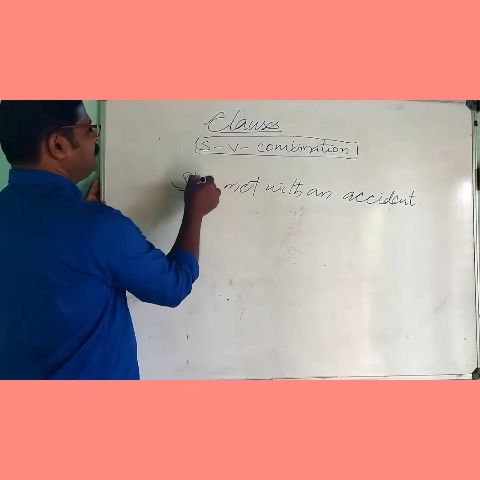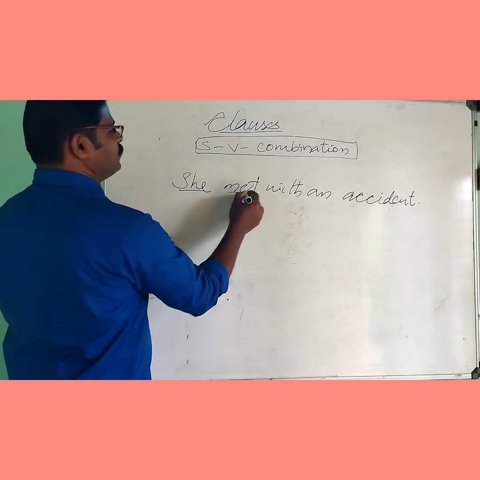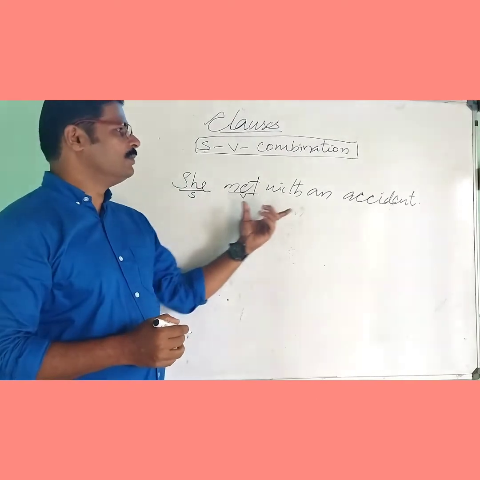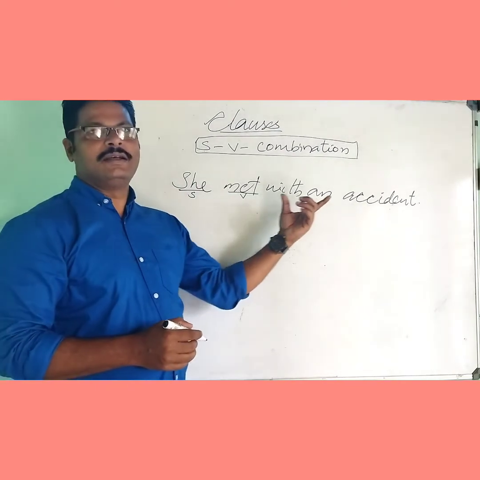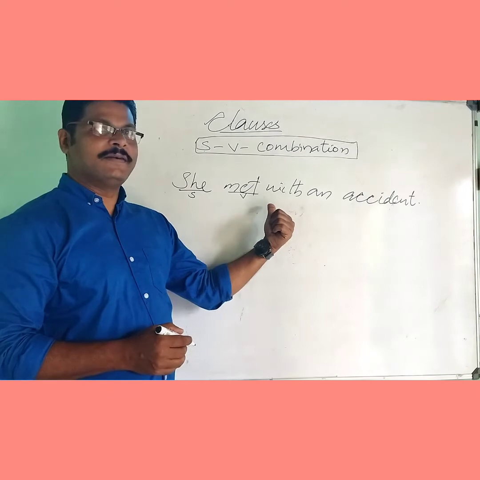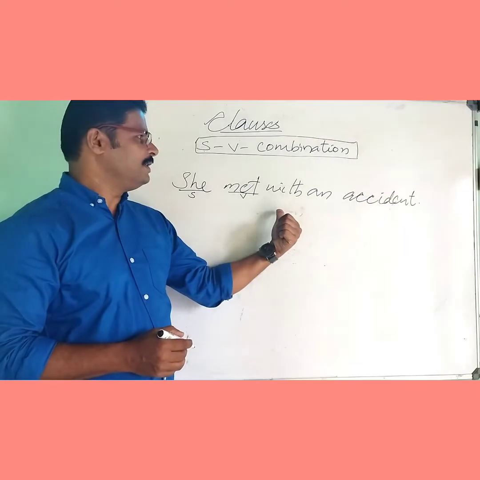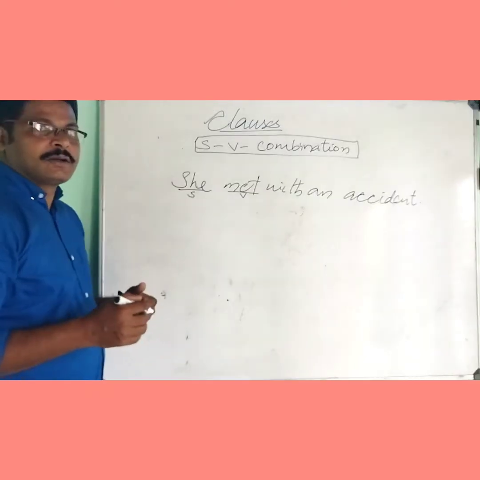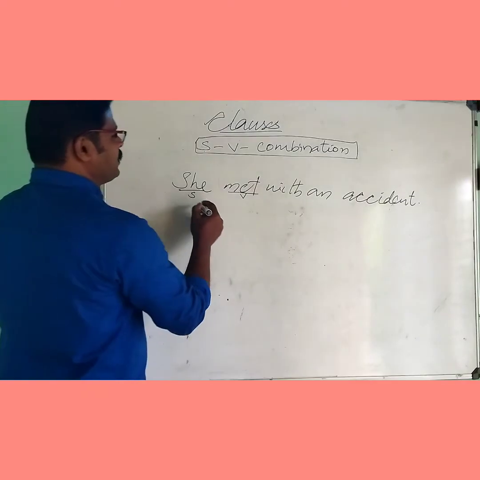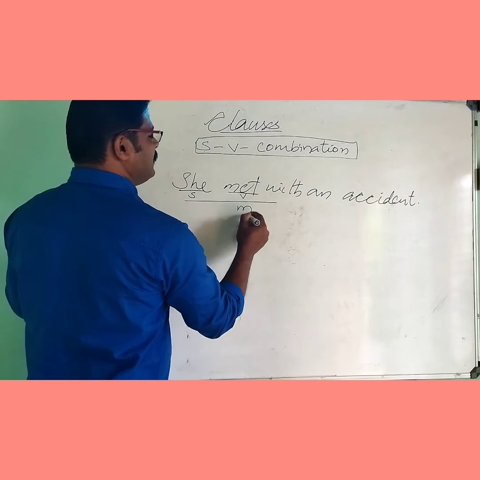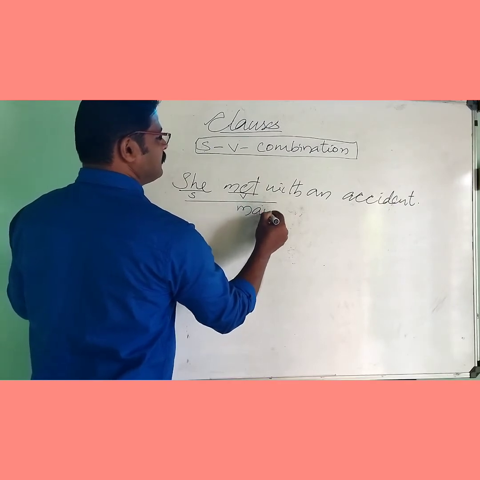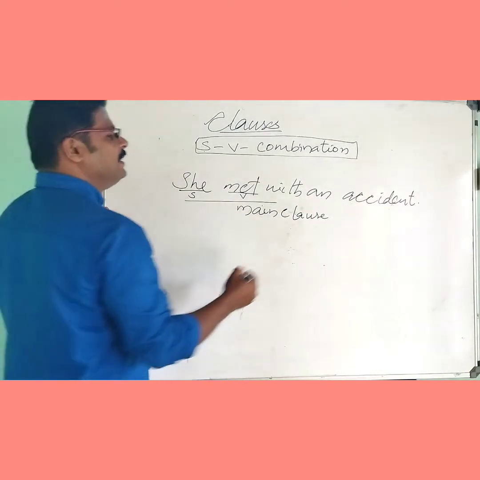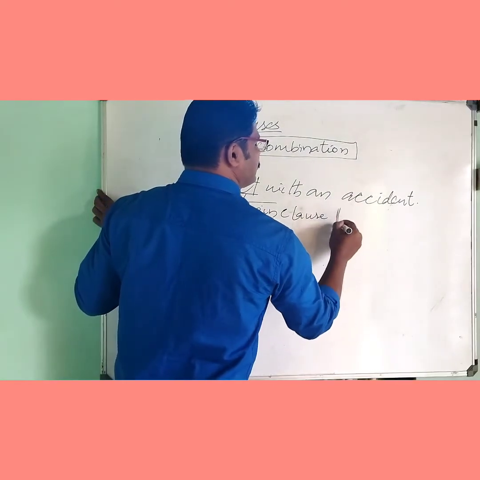She is the subject and met is the verb. So this has a subject-verb combination. So this is called a clause, and this is a full sentence. It has a complete meaning. This sentence can stand on its own. So such clauses we call a main clause, or we can say an independent clause.